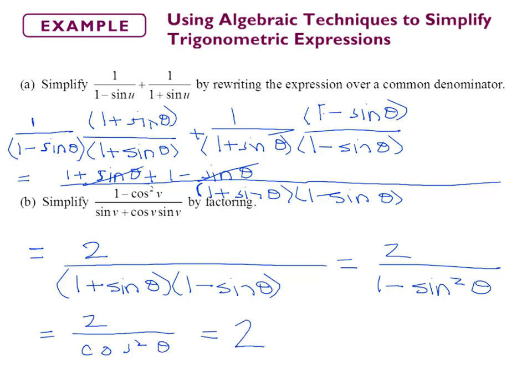And then I can just turn it into secant squared theta. Okay? Good? All right. I'm not going to do B.